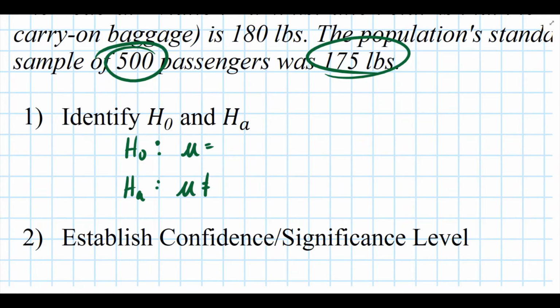What do you think H0 and HA should be? I'll say that H0 is mu equals 180, and HA is mu does not equal 180.